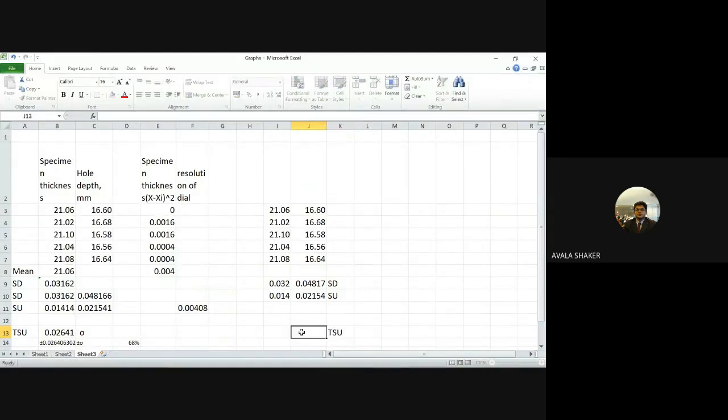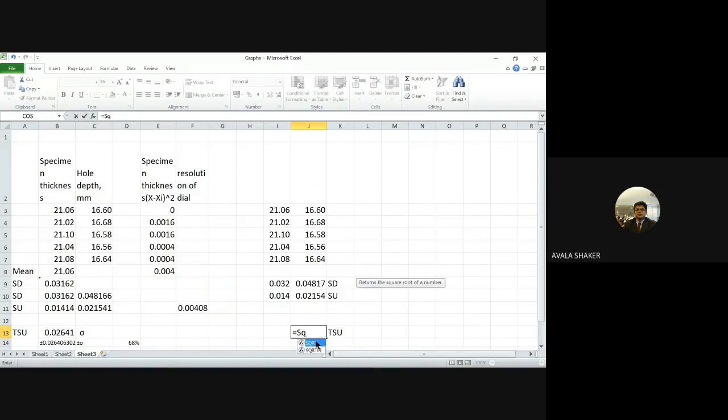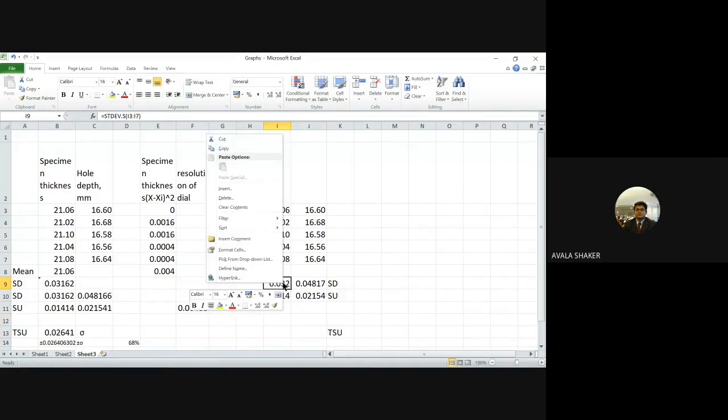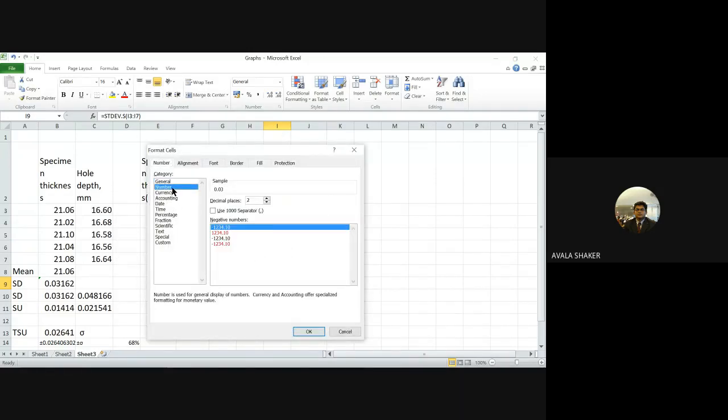will be equal to what? Square root of this value. Now what I should do here, before I do this, is round off these values. Let me take all the values maybe up to 8 decimal places or so.